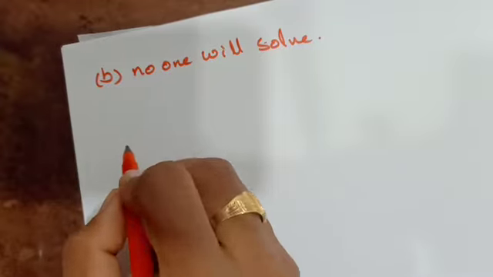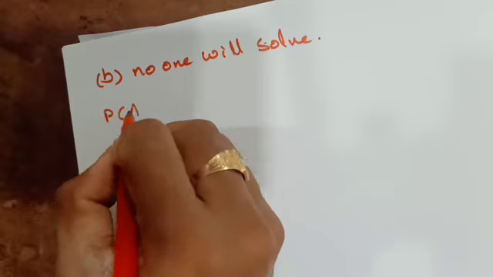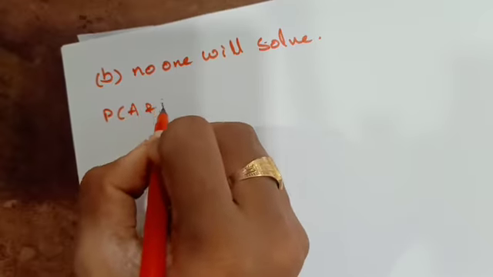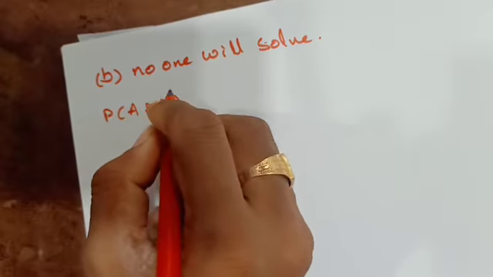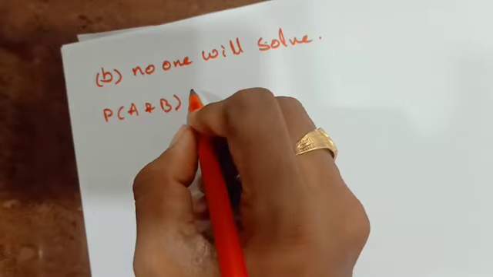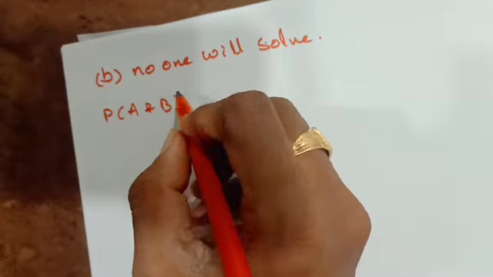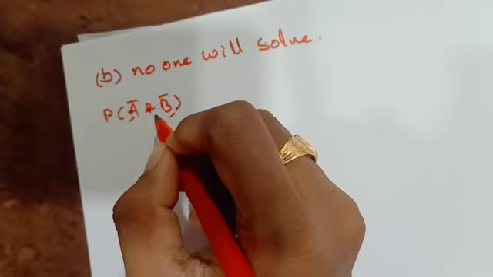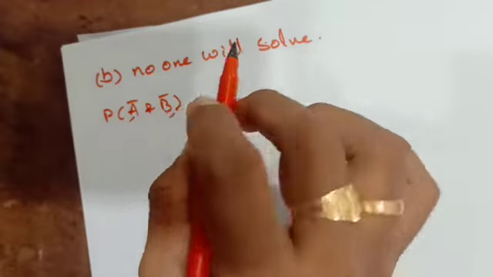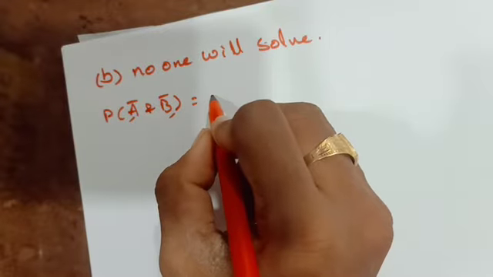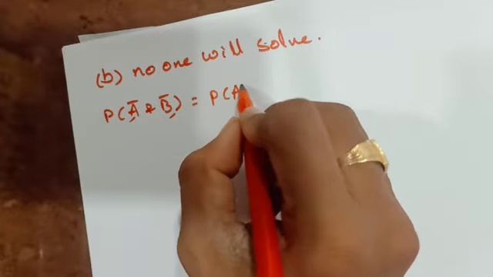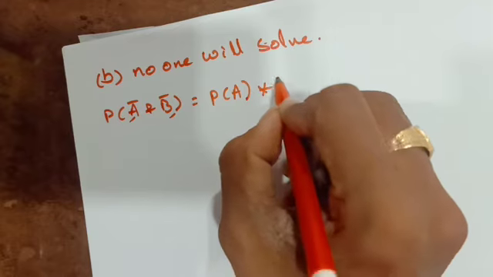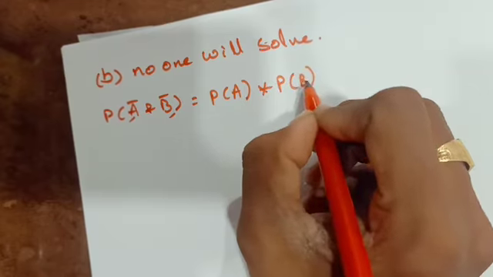So here A and B, neither: A will not solve, B also will not solve, both will not solve the problem. Which can be written as P of A complement into P of B complement.